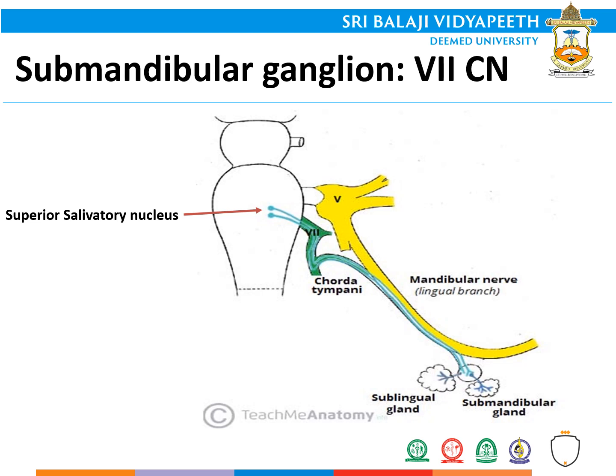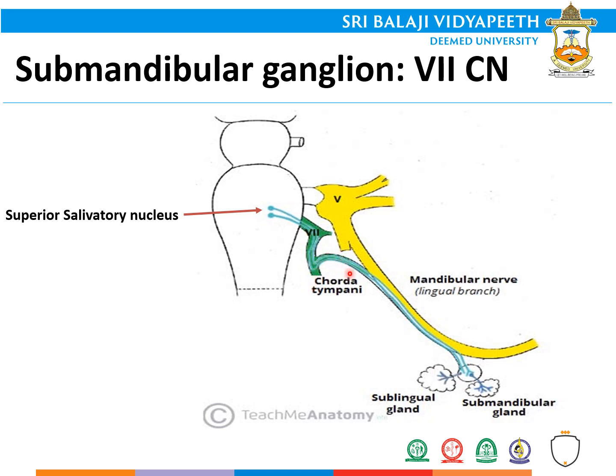Next comes the submandibular ganglia. Now this is the superior salivatory nucleus, and the preganglionic parasympathetic fibers pass through the seventh cranial nerve or the facial nerve and its chorda tympani branch.